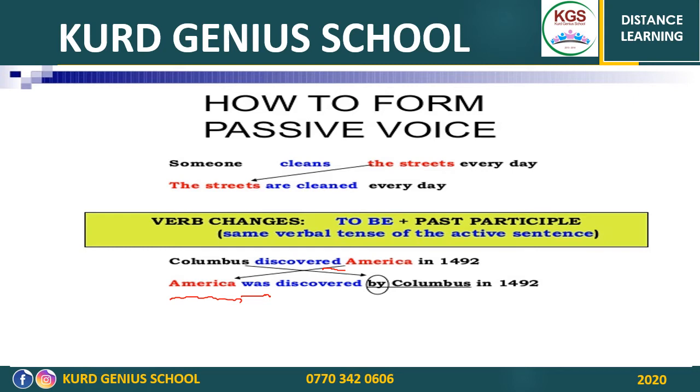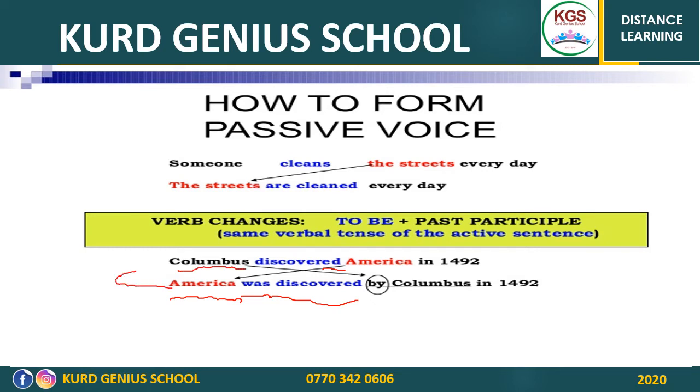All the regular verbs don't change, whether it's past simple or past participle. Here this verb is regular, not irregular, and I'm sure you all know the difference between these two. So was discovered, as I said, you can add by agent, by Columbus. You see, we put the subject here. Why? Because we focus on the object in passive sentences, but in the active sentence we focus on the subject.